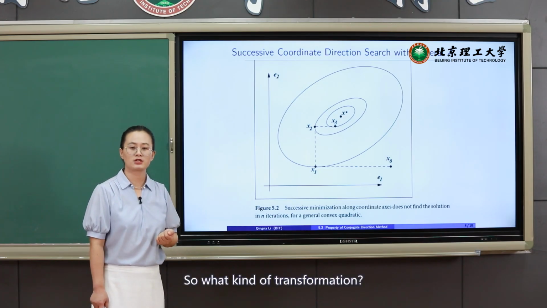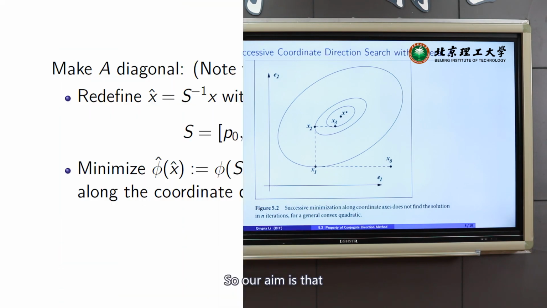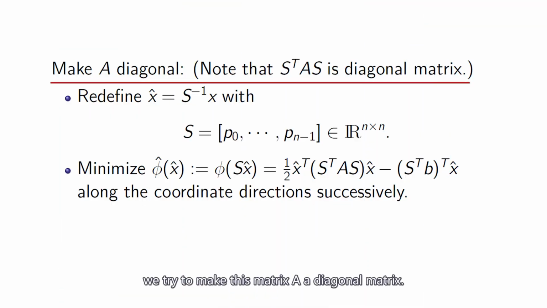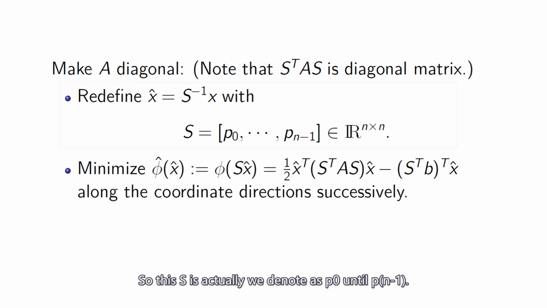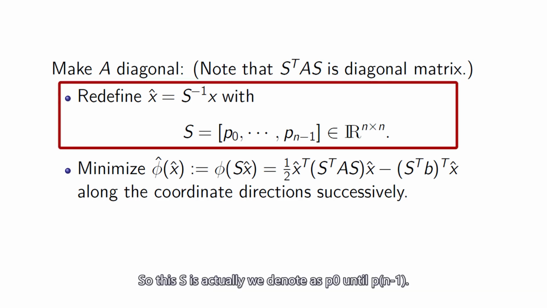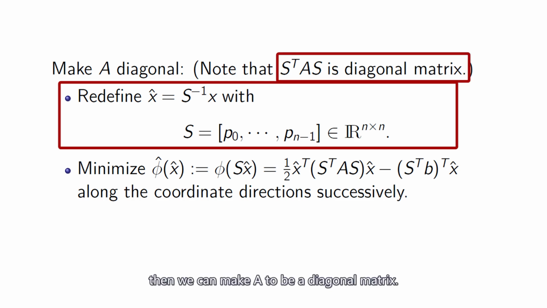So what kind of transformation? Our aim is to make the matrix A diagonal. So we multiply A from the left-hand side and right-hand side by a matrix S to make it diagonal. This is possible by matrix theory. We denote the columns of S as p0 until p_{n-1}. By denoting this S, we can make S transpose AS a diagonal matrix.